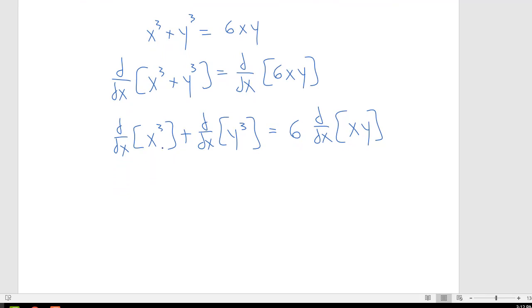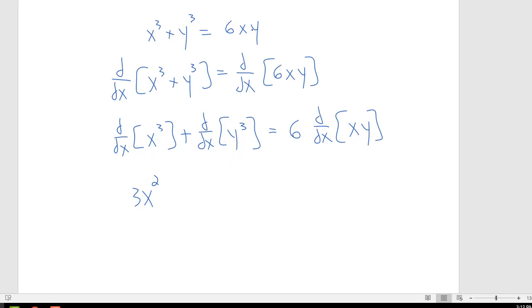Now, when we differentiate x cubed, that's going to be just a straight old derivative like we've been doing up to this point. Now, when I differentiate y cubed, this gets a little bit weird. So how do I differentiate y cubed with respect to x? And remember, we're assuming that y is a function of x.